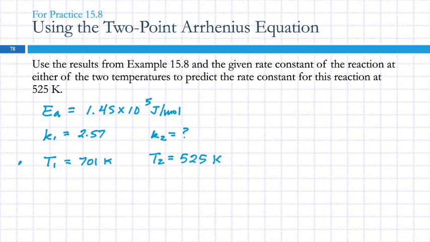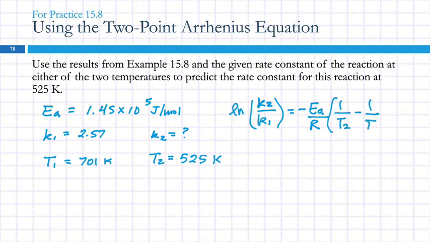Everybody okay with how I got those numbers? Did I copy them down right? So the equation: natural log of K2 over K1 is equal to negative EA over R, 1 over T2 minus 1 over T1.